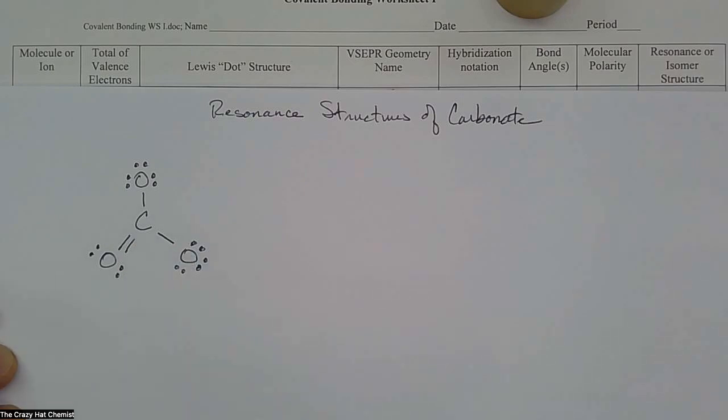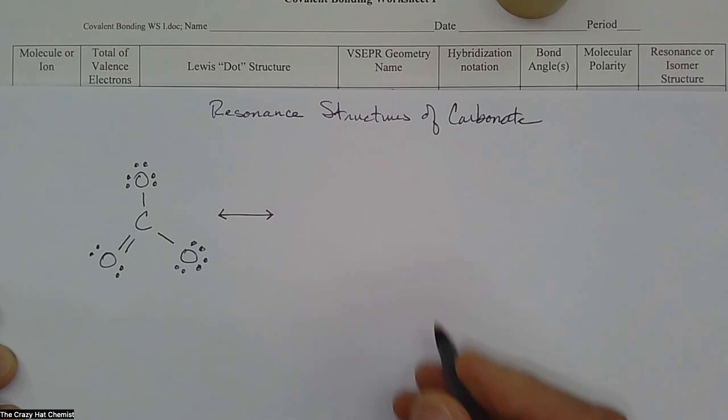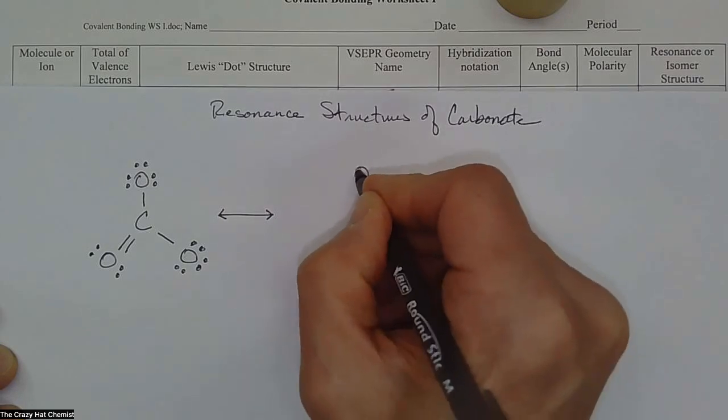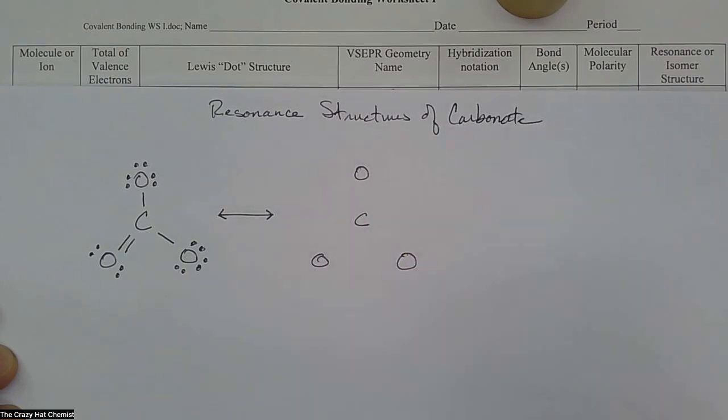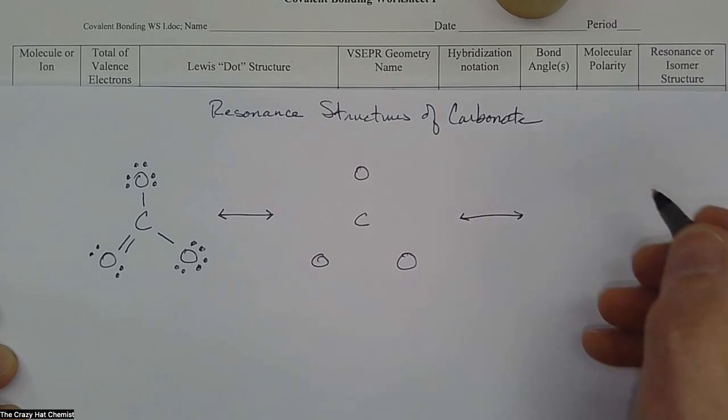Now we do need to draw resonance structures. So for resonance structures, what we're going to do is put a double-headed arrow in between them. We're going to draw the atoms in the same orientation that we had before. There are actually a total of 3 resonance structures for this.